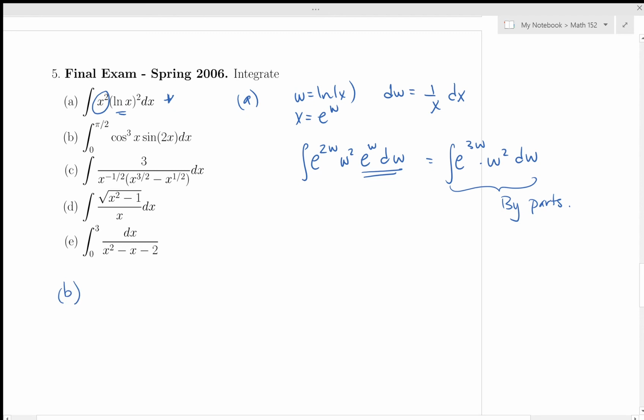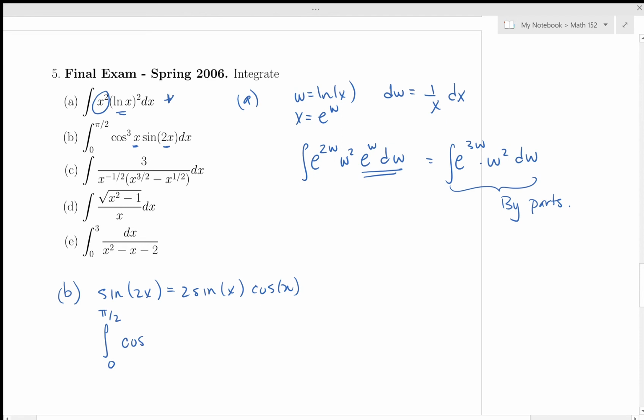Let's look at B. It's some type of trig stuff happening here. I'm seeing I've got an x here and I've got a 2x there. That bothers me slightly. So I'm thinking I should potentially use this identity here, sine 2x equals 2 sine x cos x. That will make my integrand look like this.